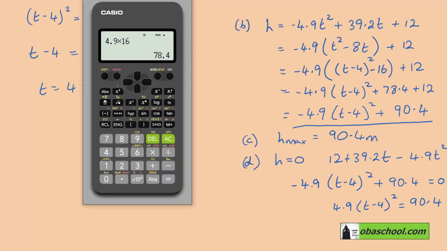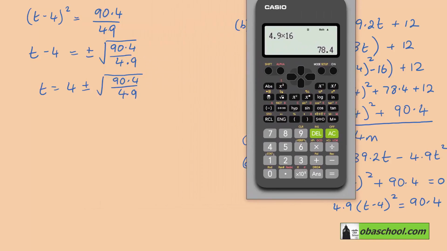So if I do 4 take away the square root of 90.4 divided by 4.9, that's negative 0.295.